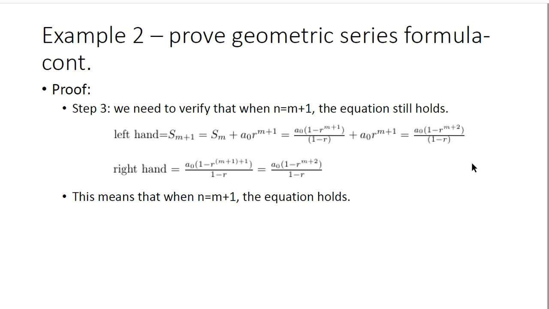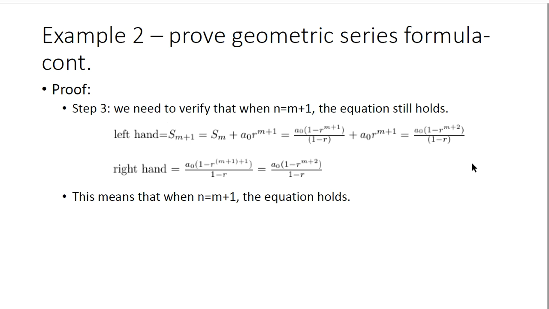That's the left hand side. For the right hand side, we just replace n with m plus 1. So the numerator will be a sub 0 multiplied by 1 minus r to the power of m plus 1 plus 1, which is identical to a sub 0 multiplied by 1 minus r to the power of m plus 2.